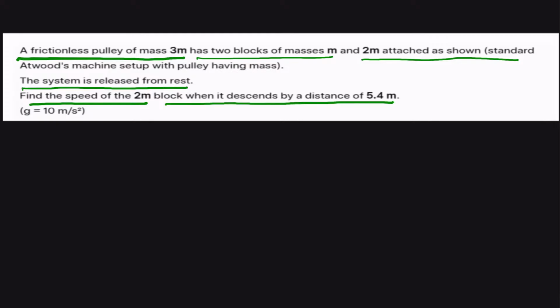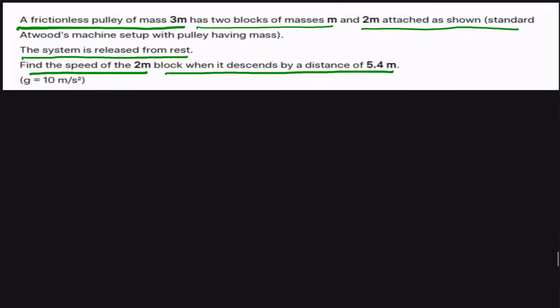So the basic figure is given to us, and we have a pulley. Please remember in this case the pulley is not massless. We are connecting a string, and we have 2m, and this is our m.